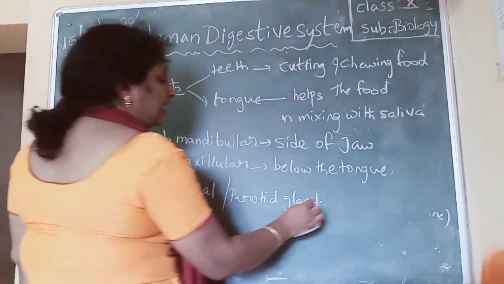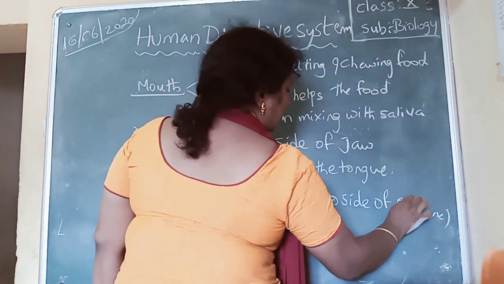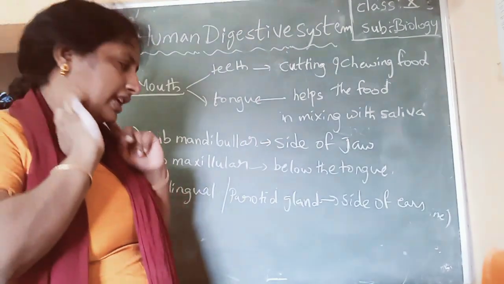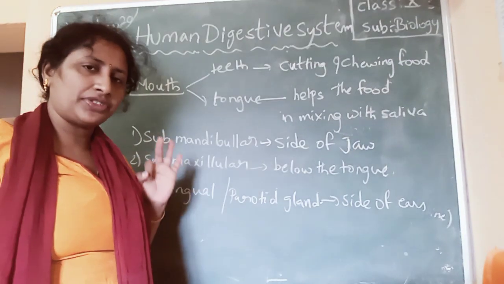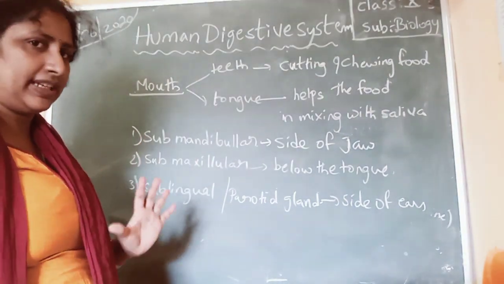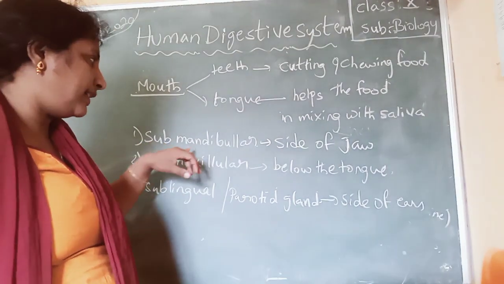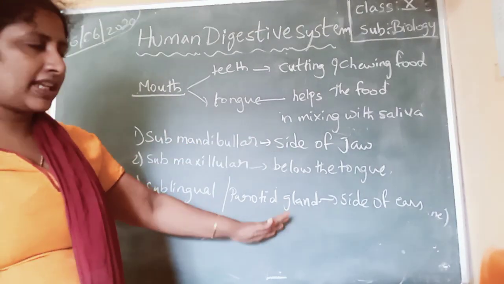And sublingual is present at the side of the ears, somewhere here. So we have 3 pairs of salivary glands in the mouth region or buccal cavity region: submandibular, submaxillar and sublingual. So the positions have been given.